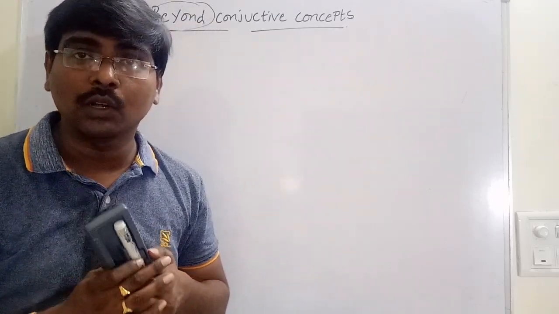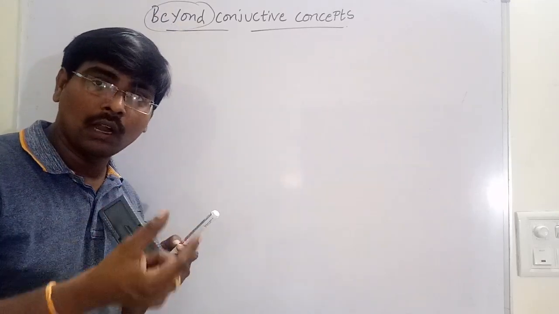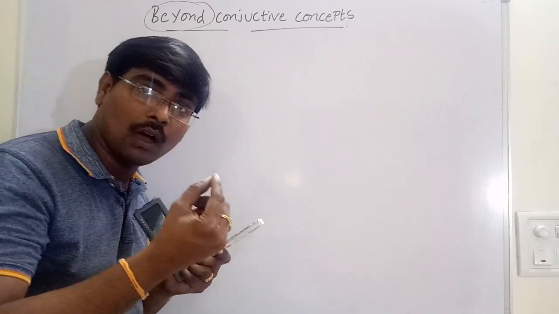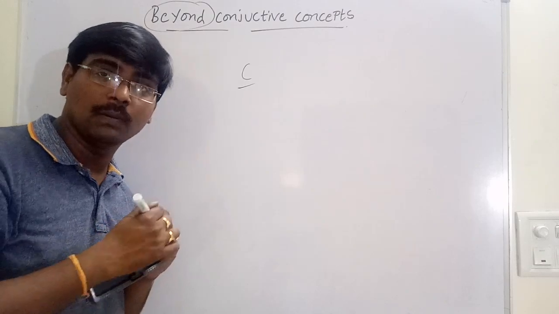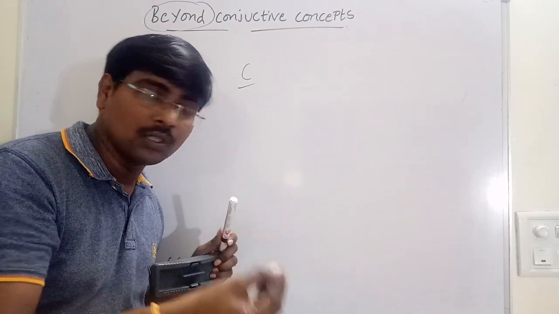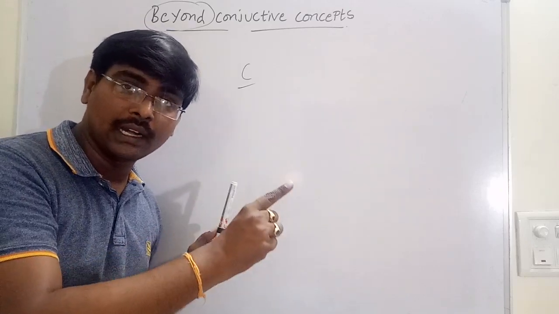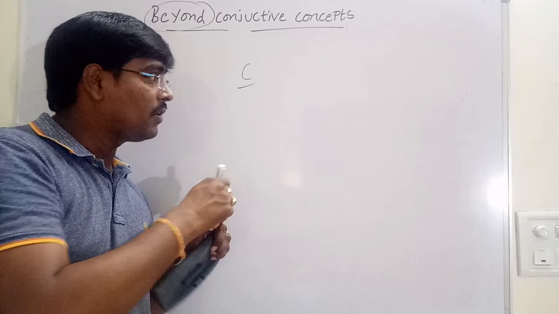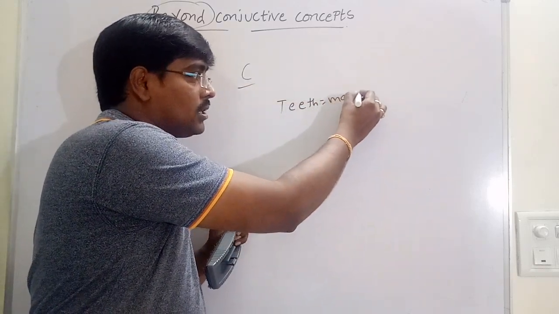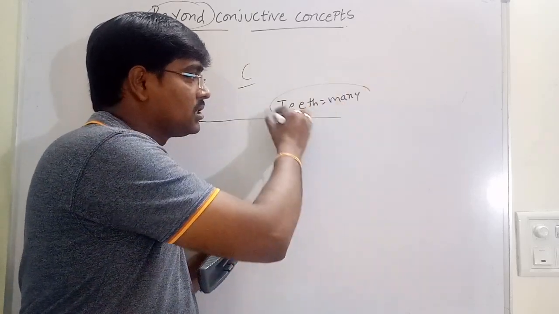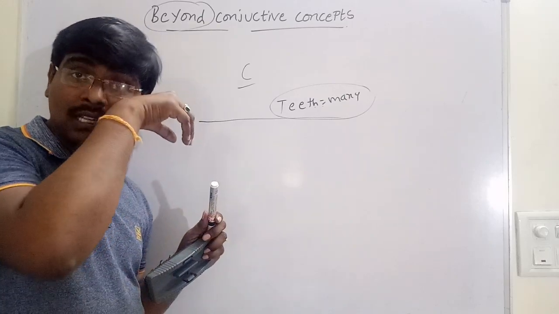For example, in a conjunctive concept, to cover all the positives, I am removing a literal that uncovers a positive. For example, suppose the concept contains teeth is equal to many. Because of this, one of the positive examples is not covered.